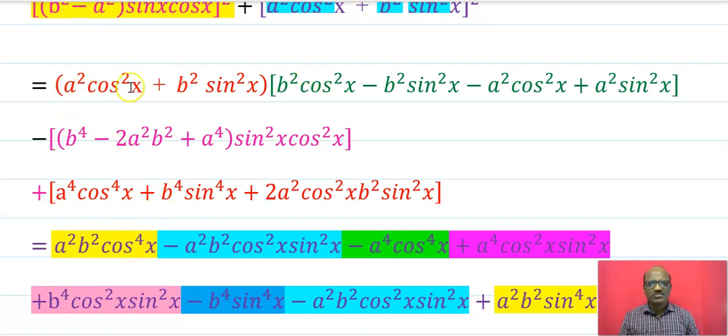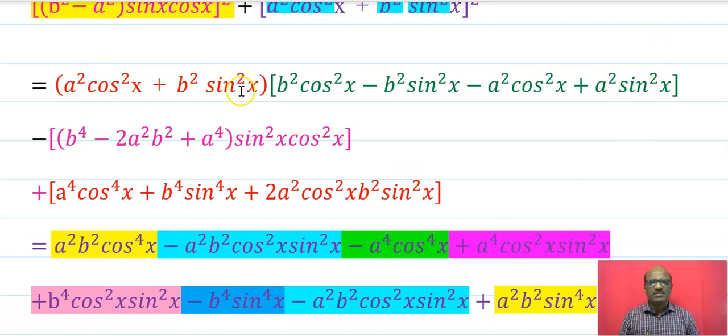Here is a square cos square x, here is a minus b square sin square x, and that overall will become a square b square cos square x sin square x. Now the next term is a square cos square x into a square cos square x. That will again become a raised to 4 and cos of x raised to 4. And the last is a square cos square x into a square sin square x, that is a raised to 4 into cos square x into sin square x.